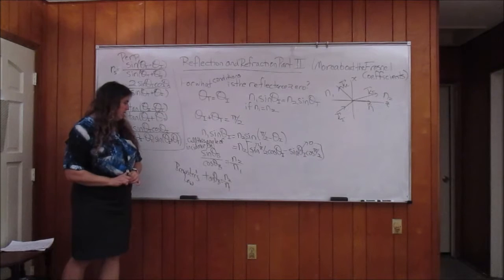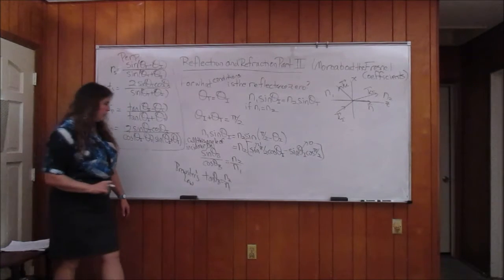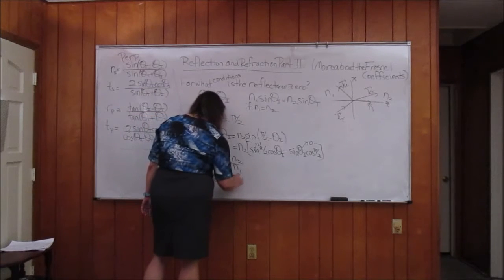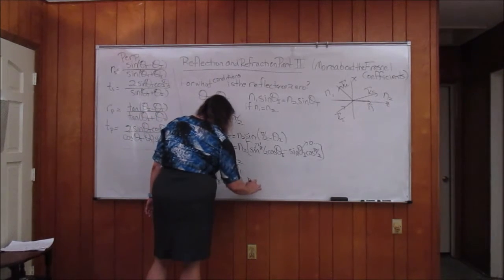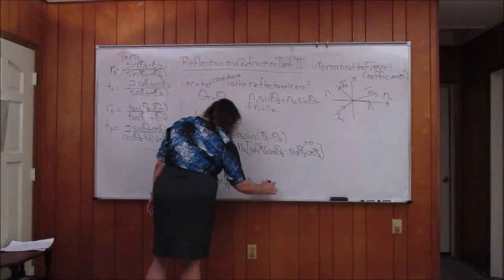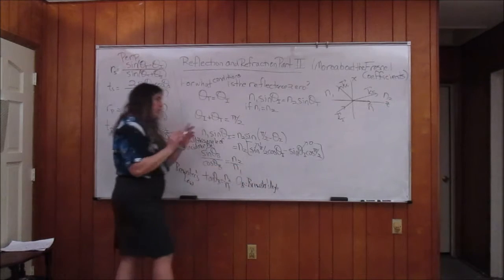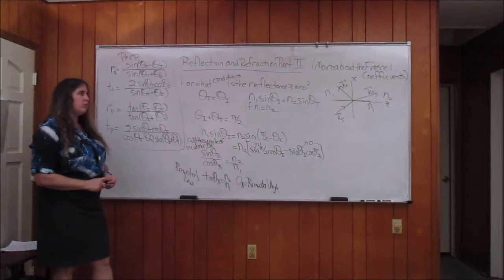Okay? So we got tangent theta B is N2 over N1, and theta B, of course, represents Brewster's angle. At this one particular angle, the reflectance is 0 and the transmittance will be 1.